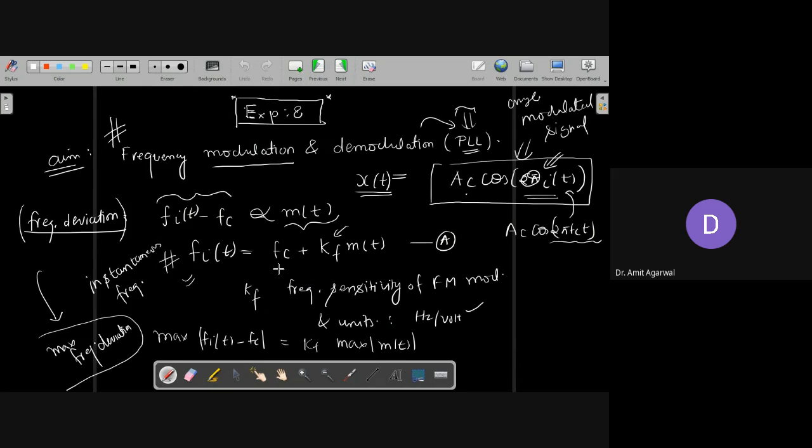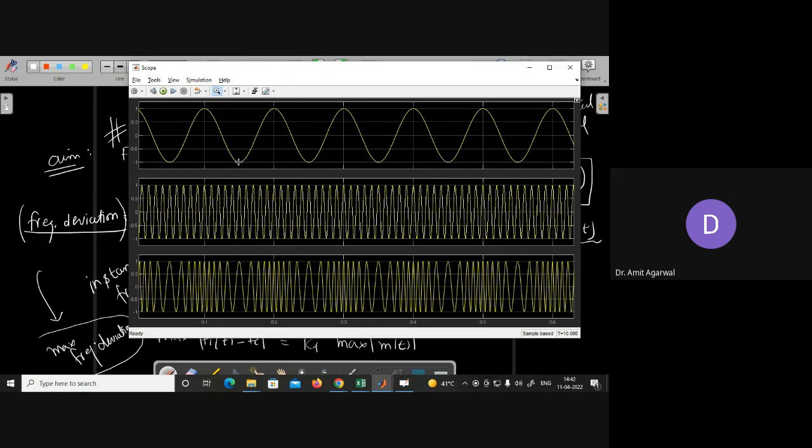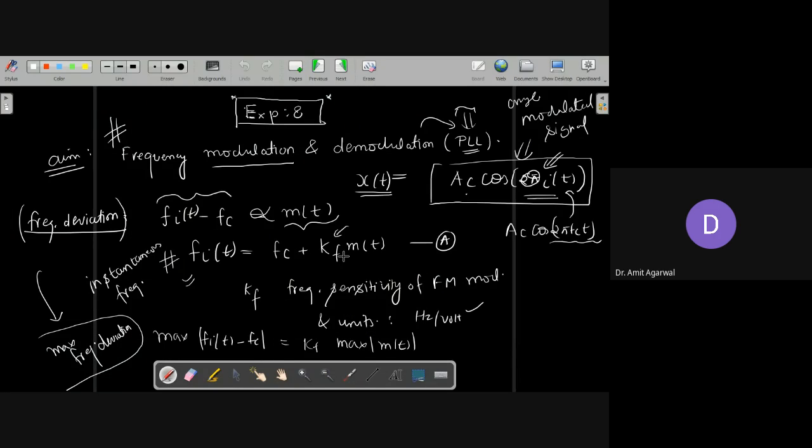As you can see, instantaneous frequency is fc plus k of m(t). So when your m(t) is increasing, your f_i(t) will increase, and when m(t) is decreasing, it will decrease. So tell me, what are the time instants at which the frequency modulated signal would have the same frequency as the carrier frequency? Look at this formula.